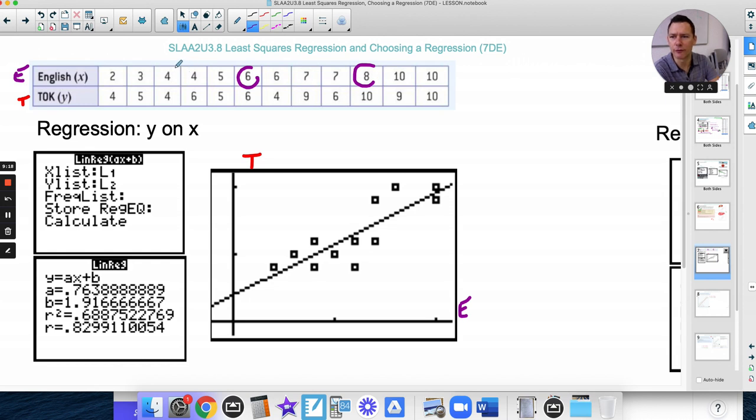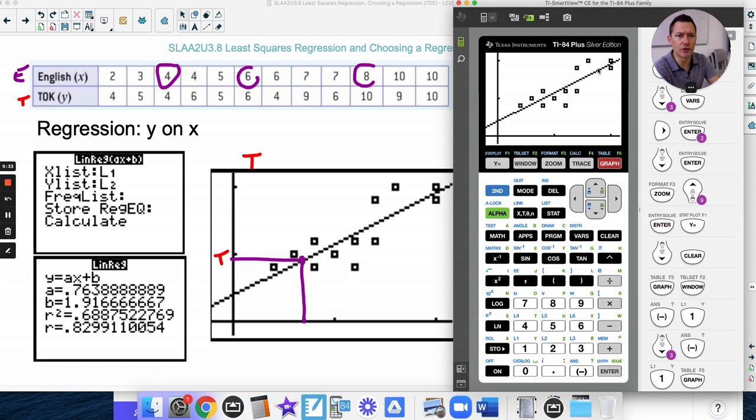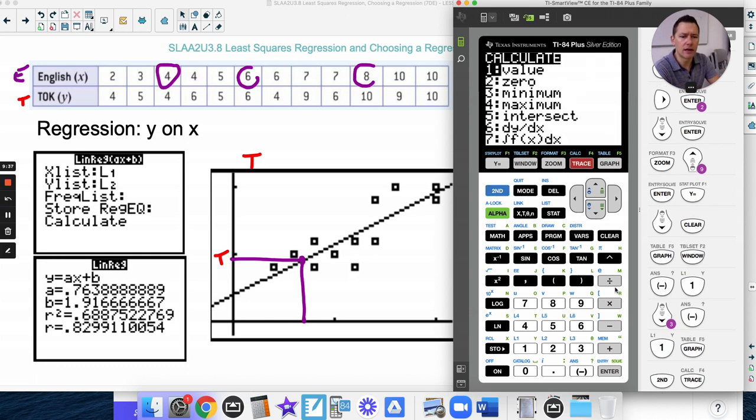Let's do a 4. I'm not an English person. I would go to 4 on the English, go up, find that value, go over, and that would be my TOK. Right? And so from this equation, you can do that by saying second calc and value.